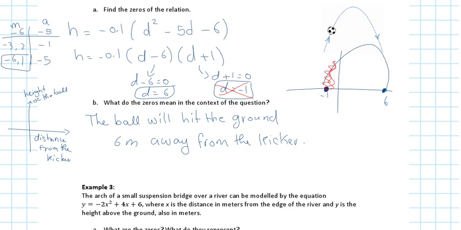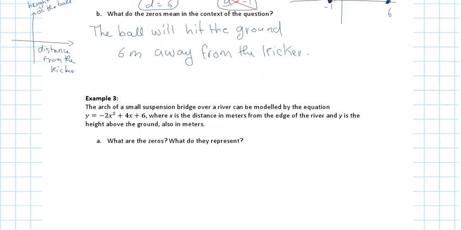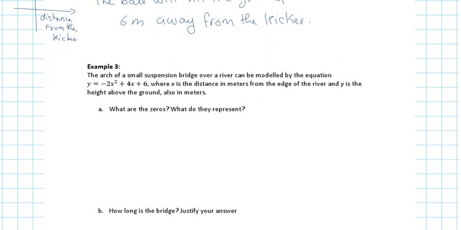Let's look at the second question. The arch of a small suspension bridge with a river can be modeled by the equation y equals negative 2x squared plus 4x plus 6, where x is the distance in meters from the edge of the river and y is the height above the ground, also in meters. So what does x represent?